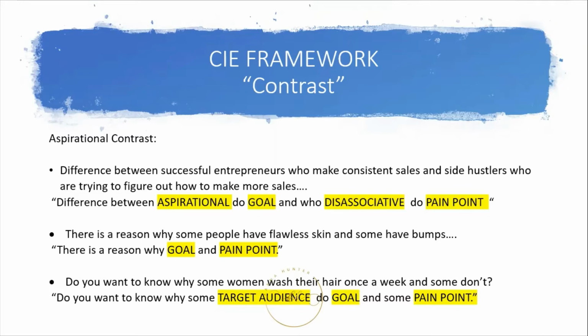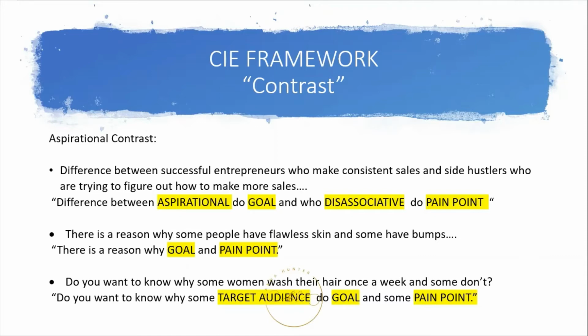Let's see the aspirational contrast. Difference between successful entrepreneurs who make consistent sales and side hustlers who are trying to figure out how to make more sales is, and then you're going to continue. Now I will want to read more because I want to know about what the successful entrepreneurs are doing so that I can achieve the same goal, so that I am not making the same mistake.